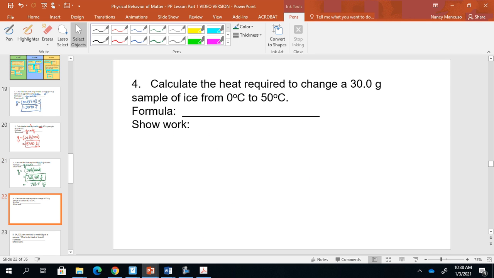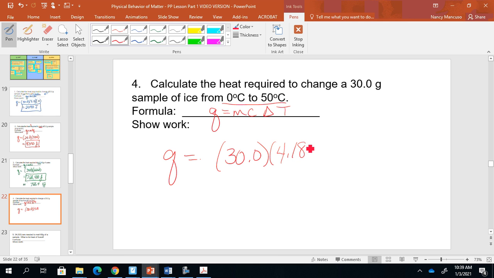All right, let me do another one with you. Calculate the heat required to change a 30-gram sample of water from 0 to 50. I'm changing temperatures, so I want Q = mcΔT. Q equals, my mass is 30.0. For c, I look up specific heat on the front of my reference tables: 4.18.